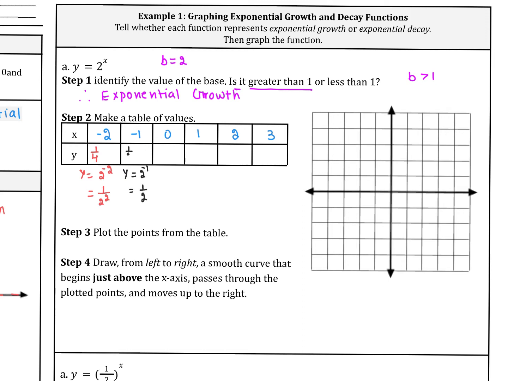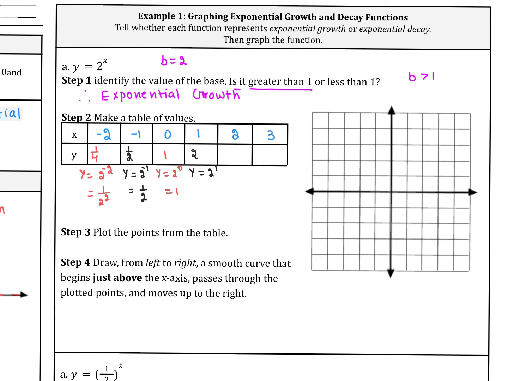Next, we're going to choose y equals 2 to the power 0. Anything to the power 0 is going to be 1. So when you plug in 0, you get y value as 1. Next is y equals 2 to the power 1, and that is simply 2.